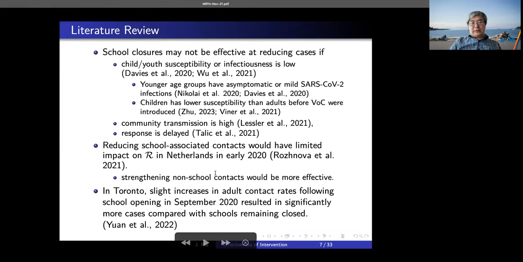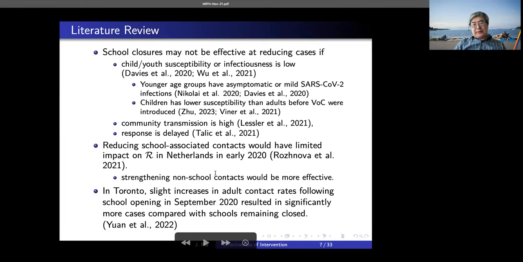Or it's also possible that school closure isn't effective if community transmission is high, right? So if the cases are already up, then closing down schools may have a smaller effect, or may not have enough effect to control the disease. And if the response is delayed, it's similar: when the case count is high, school closure may not be as effective.